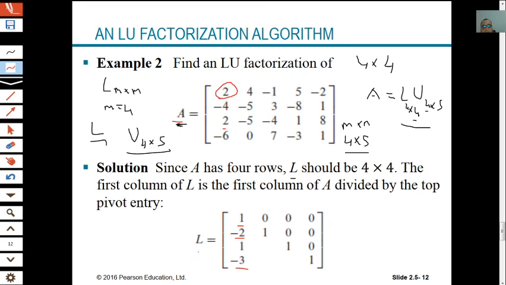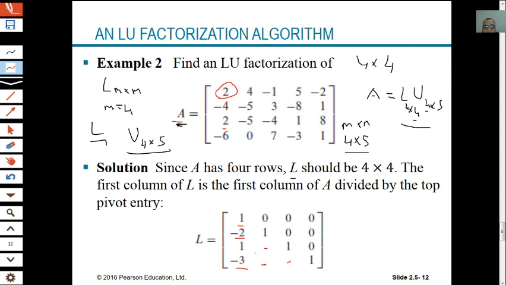This is the first column of the lower triangular matrix L, and we know we always have 1 on the main diagonal and all entries will be 0 above the main diagonal. So our aim is to find the entries located here.